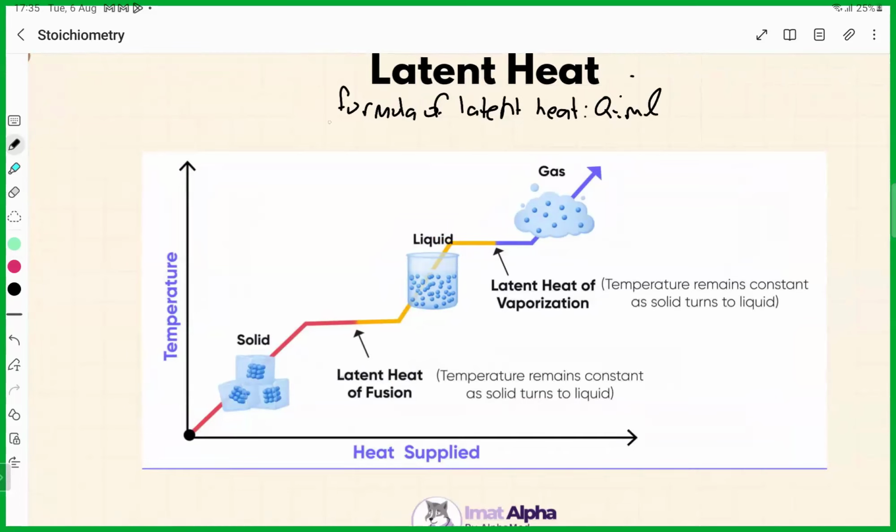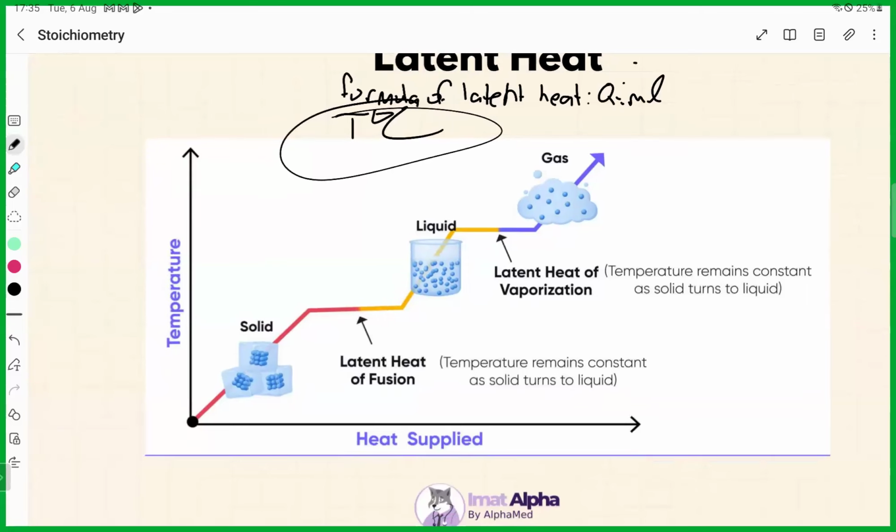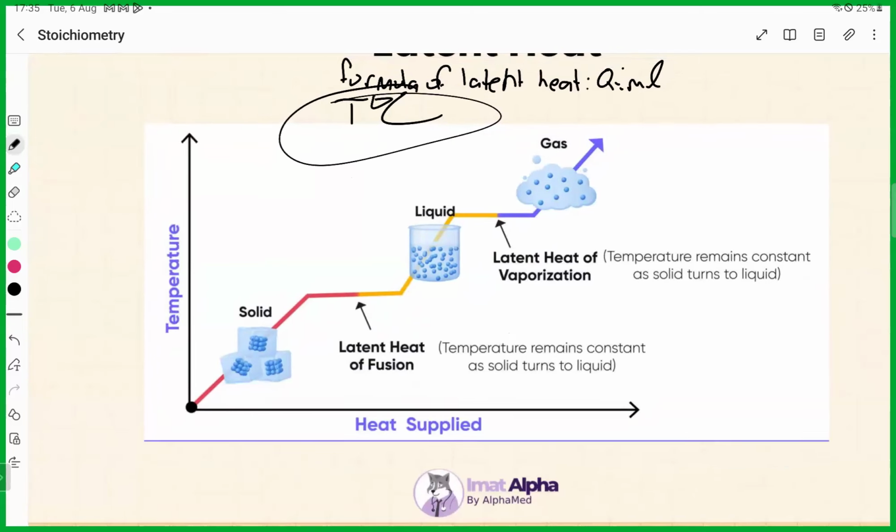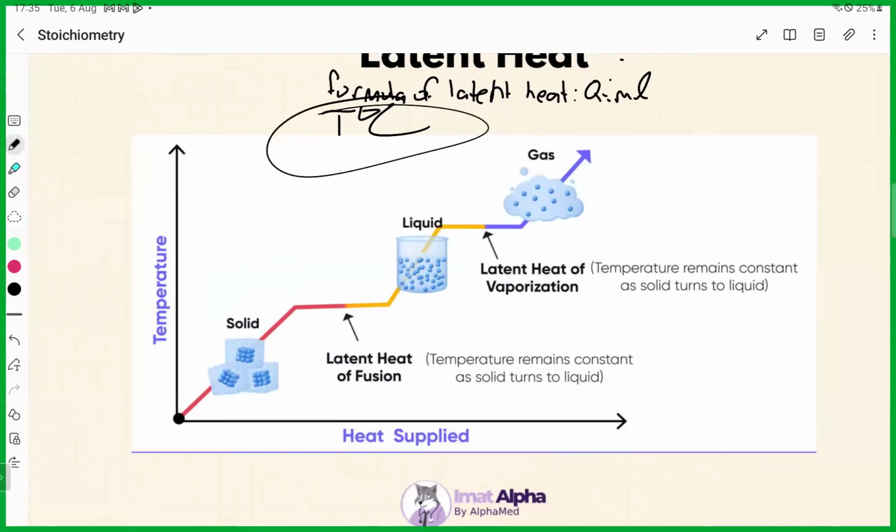When the temperature is constant, we work on the latent heat. It depends on which reaction. If it was, let's say, melting, it's endothermic, so it's absorbed. So it's the amount of energy lost or gained. This is the latent heat as a summary.